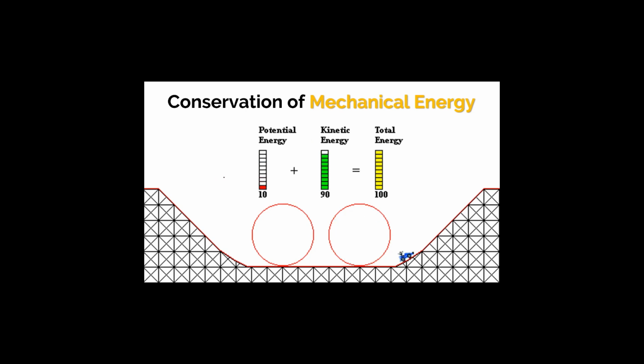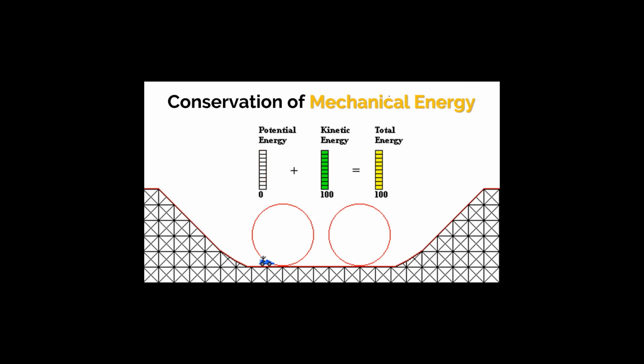And if the potential energy is at maximum, then the kinetic energy is equal to 0 since the object is currently at rest, so it is not moving or doing a work.